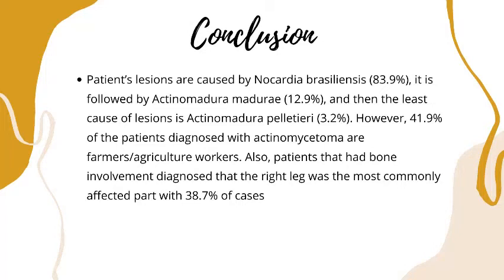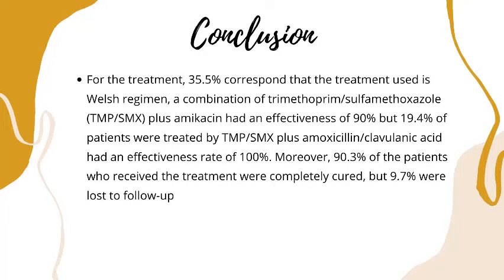In the results, it shows that 41.9% of the patients diagnosed with actinomycetoma are farmers or agriculture workers. Also, among patients with bone involvement, the right leg was the most commonly affected part with 38.7% of cases, and there are 12% other cases.